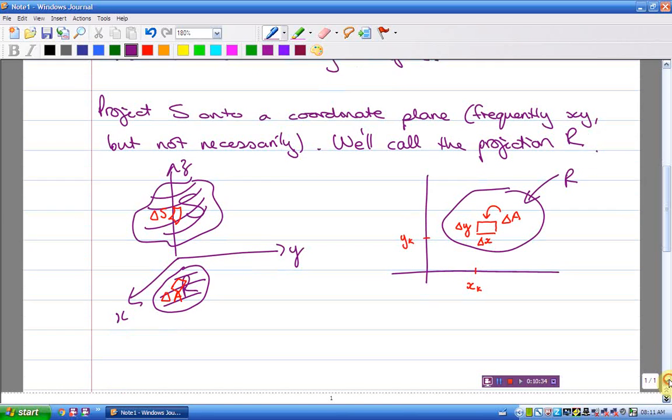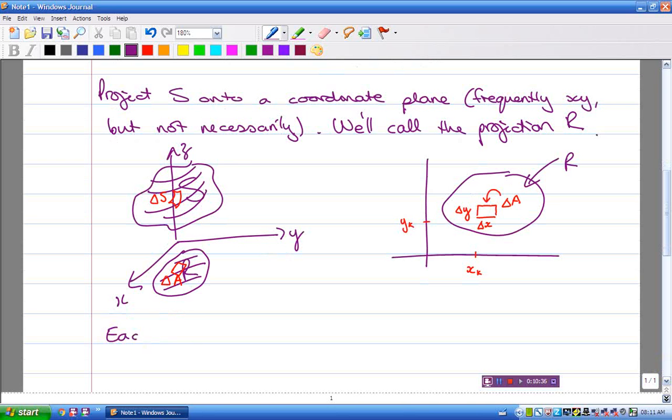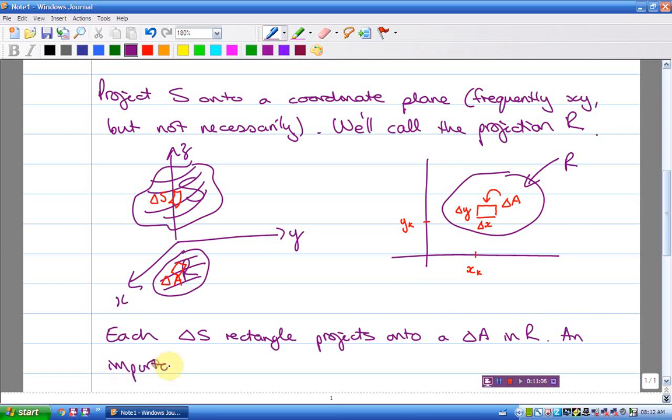So each delta S rectangle, I'm saying rectangle, but it's a piece of surface, so it'll be a little bendy, curvy rectangle. It won't be flat. Each delta S projects onto a delta A in R. An important issue, and this is what I was talking about, I think it was the day before, when I was holding my book out and talking about the projection.